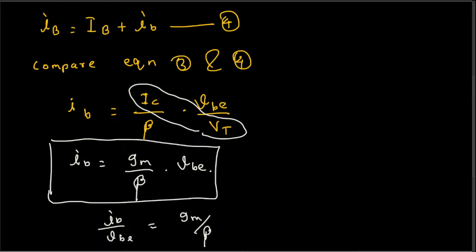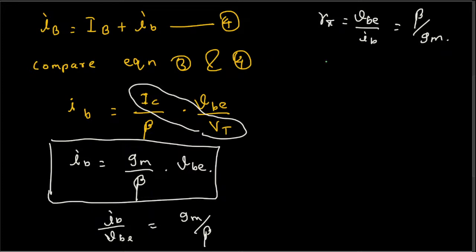and resistance, if you look at Ohm's law, V is equal to I times R, therefore R is equal to V over I. Here we have the opposite of it, so if we flip this one, that's going to be the resistance. So we can say r pi is equal to vb over ib, and that is equivalent to beta over gm.